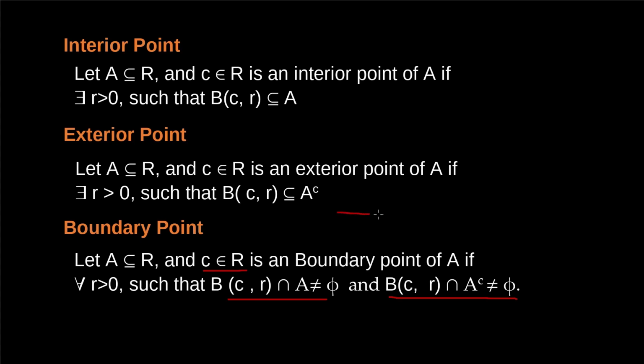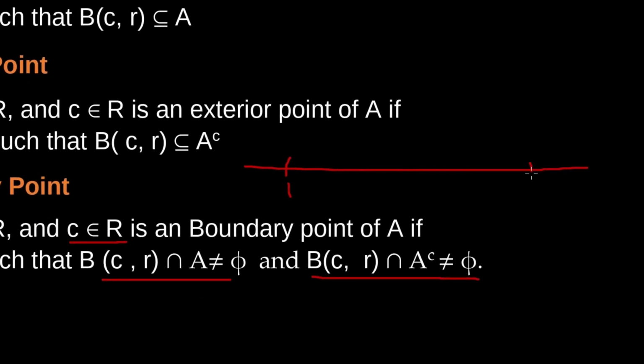Consider the same set, A equal to the open interval (1, 3). Here the points 1 and 3 are the boundary points of this set, because this is set A and outside of this we have A complement.